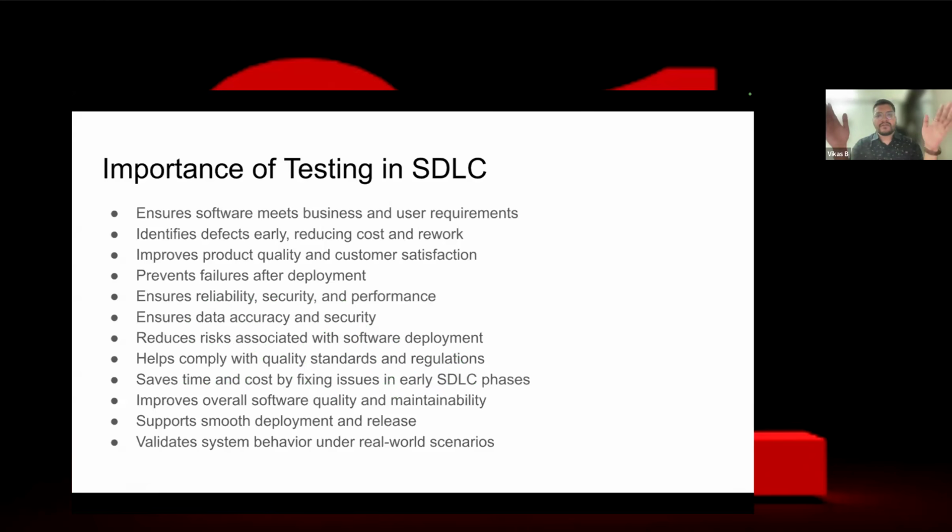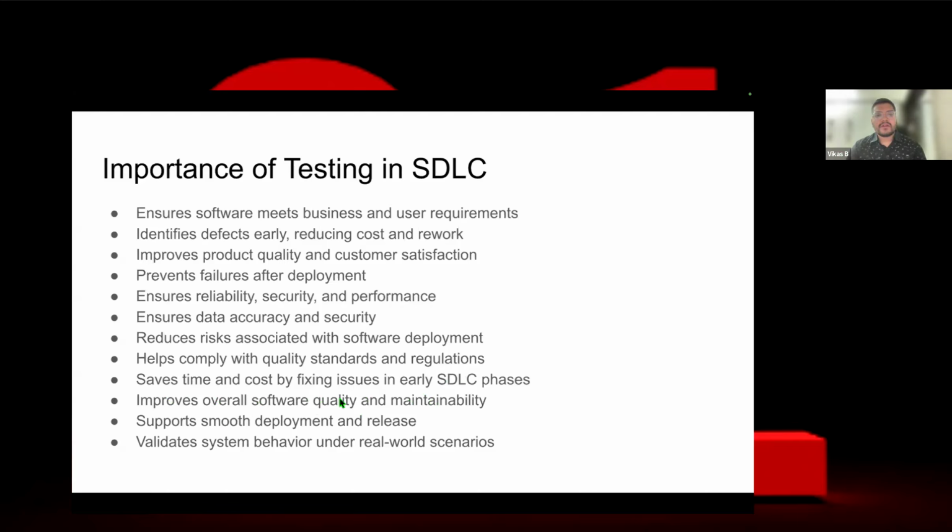There is a cycle which is followed at the organization level in almost 90% of projects, whether it is a startup or any other organization. Everywhere we follow a proper SDLC cycle, guys.